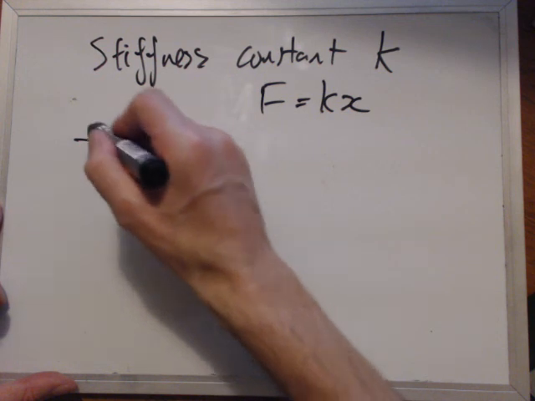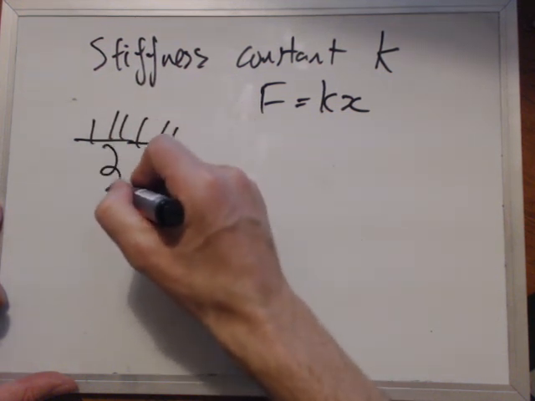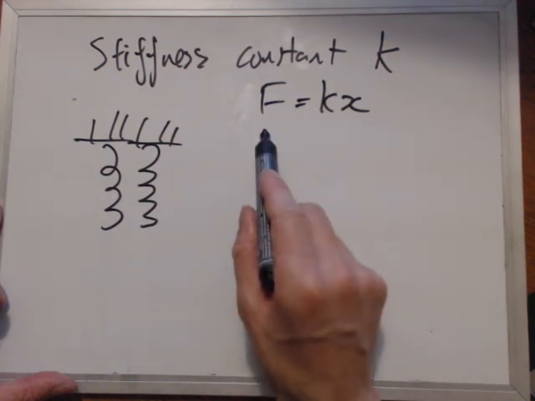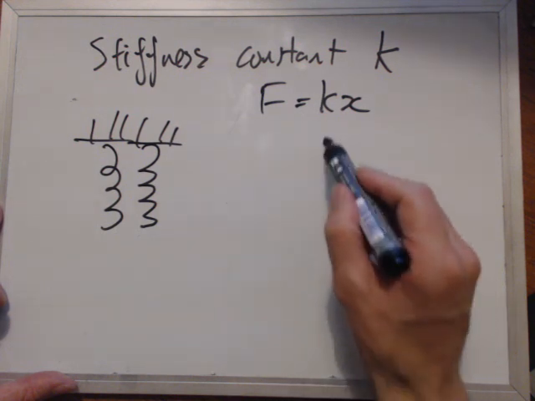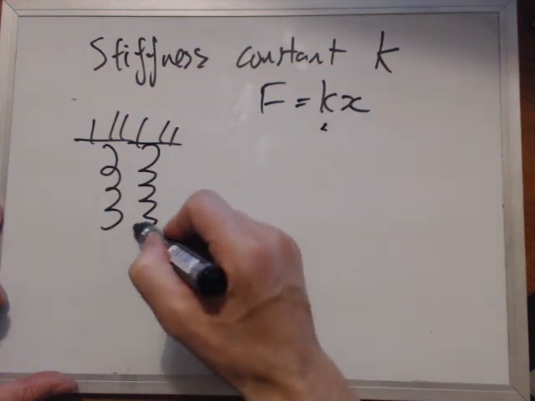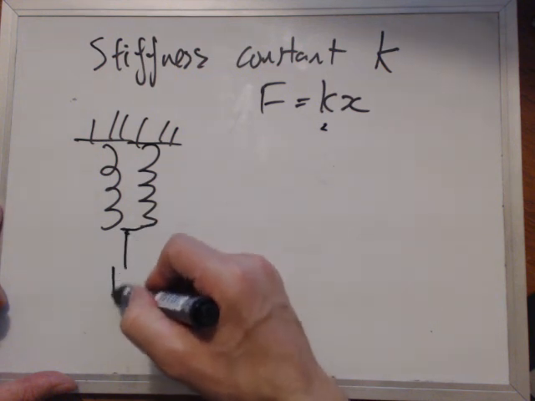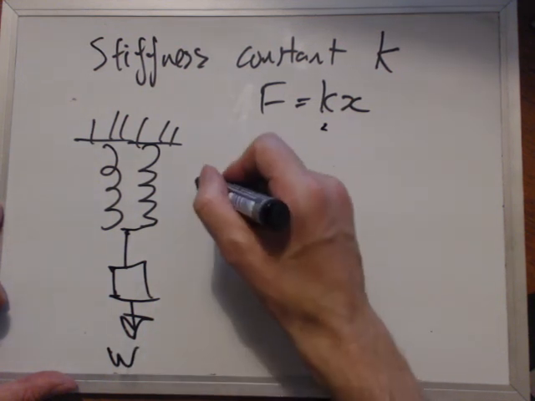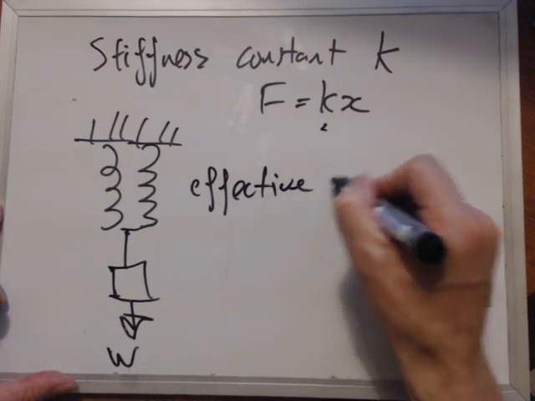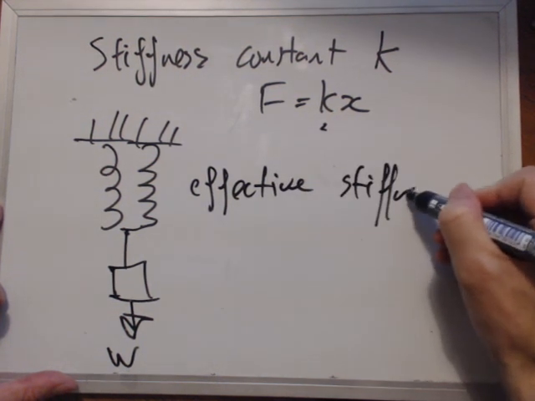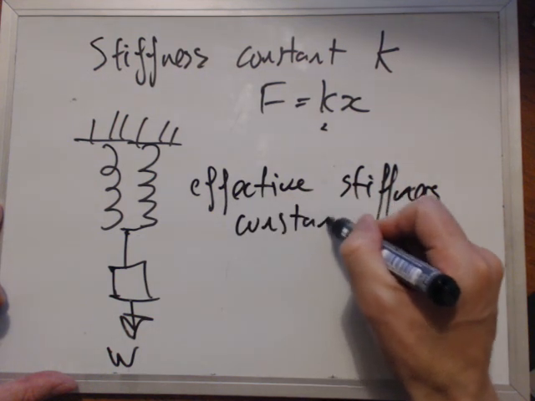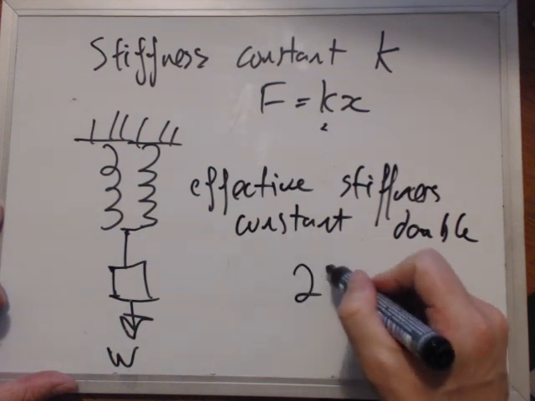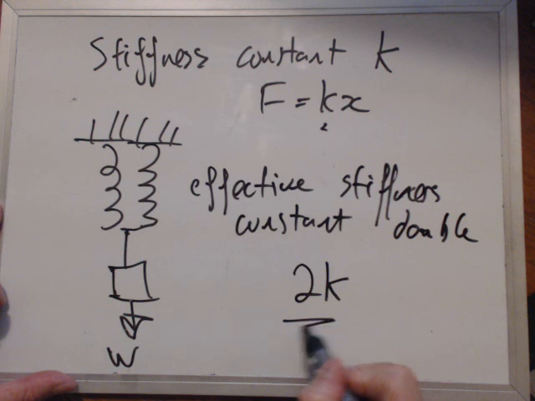Now, if we had springs in parallel like that, both of them identical springs with the Hooke's law equation F equals Kx, and with the stiffness constant K, and they were both attached, say, to a mass, forming a weight down here, you'd find that the effective stiffness constant would double. So the effective value would be 2K.